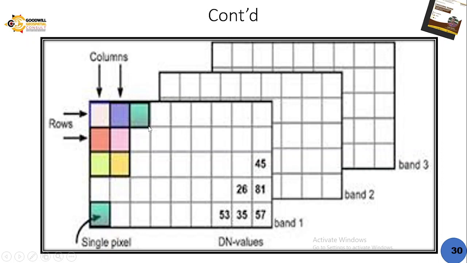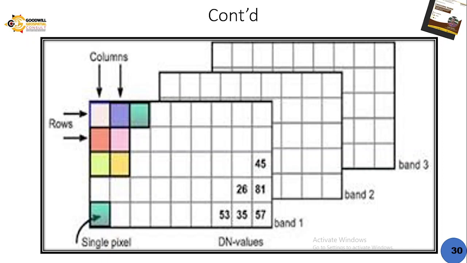These are the dimensions. But aside from that, each pixel holds information based on the absorption rate of the material it encountered. So each pixel has what you call digital numbers representing the information about the materials of interest, or the materials that were able to absorb light or the incident radiation. So these are digital numbers.